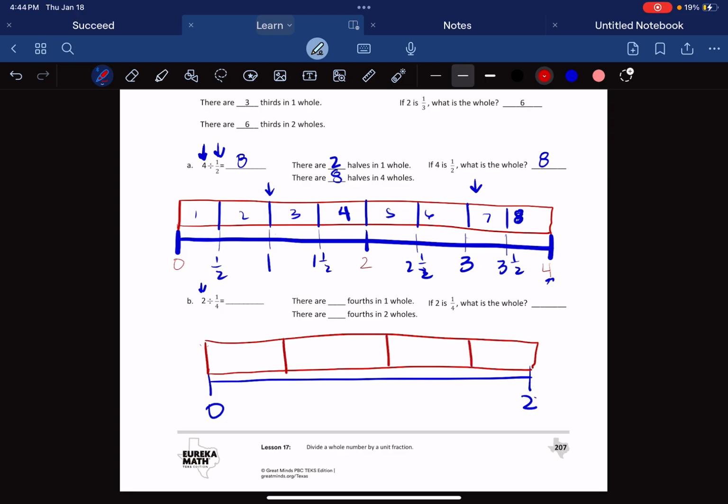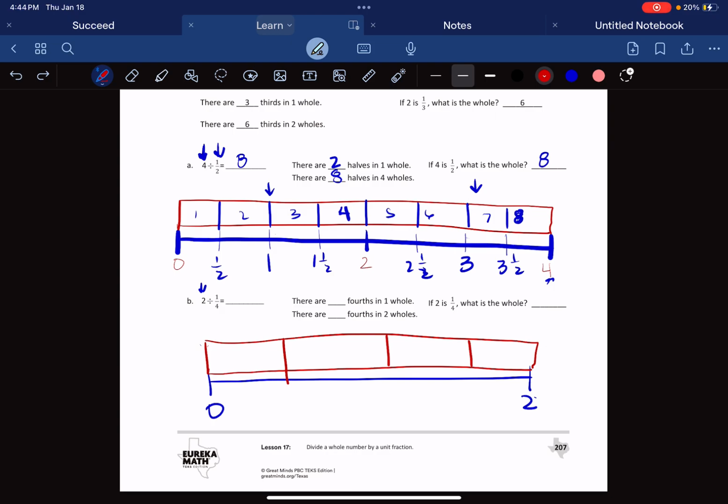So one whole would equal 4. Sorry, I'm going a little ahead of myself.